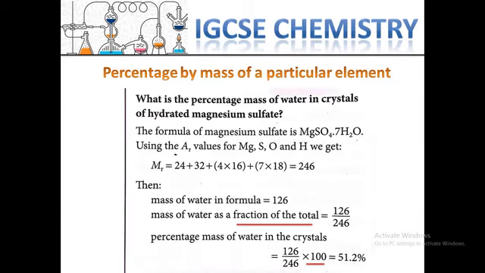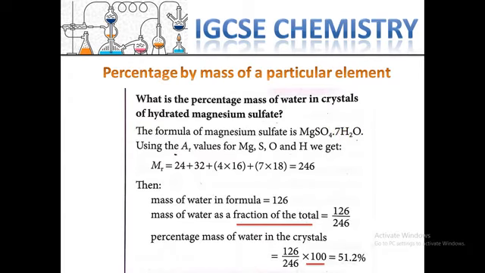One more example is here. We are going to get the percentage of water. We have a bigger molecule, and we want to calculate the percentage of water in this substance.